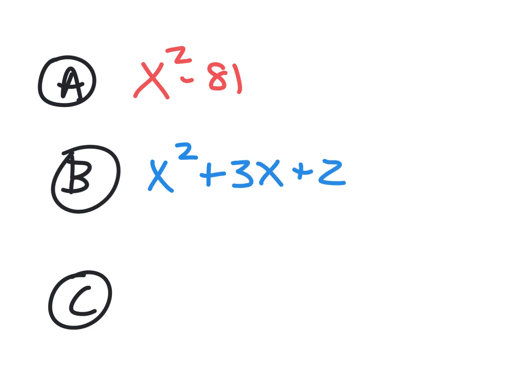And your last one is x squared plus 9x, nope, minus 9x, sorry, plus 9. Minus 6x, sorry. X squared minus 6x plus 9. There we go. Those 3 all factor.